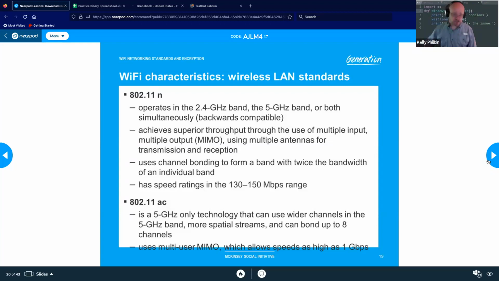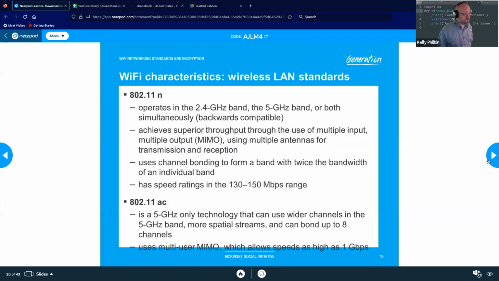That just wasn't good enough for us. We needed more. So we moved into 802.11ac, which operates solely on the 5 gigahertz bandwidth. And it could use wider channels in this range and could bond up to 8 channels at one time, which is awesome.